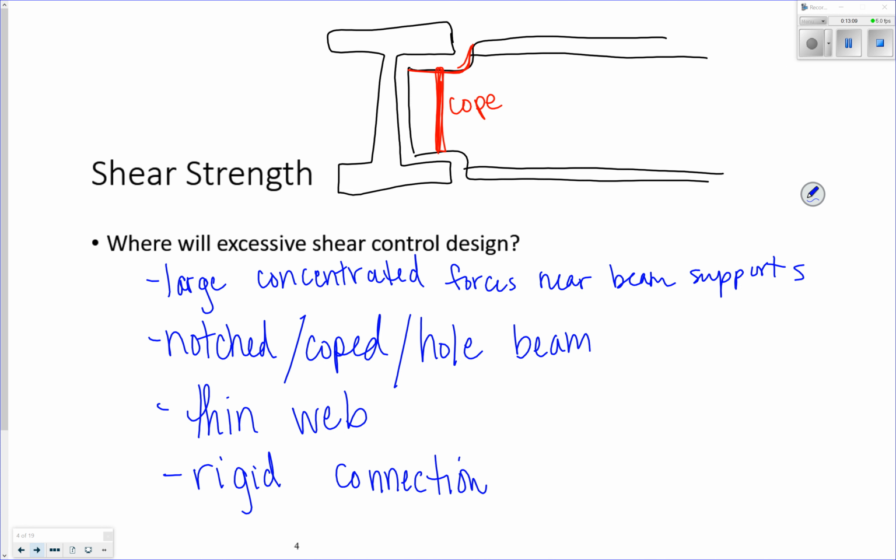If it's a rigid connection, such as a moment frame, you're going to be having moments and shear at the same time in those connections. So that may reduce your capacity.